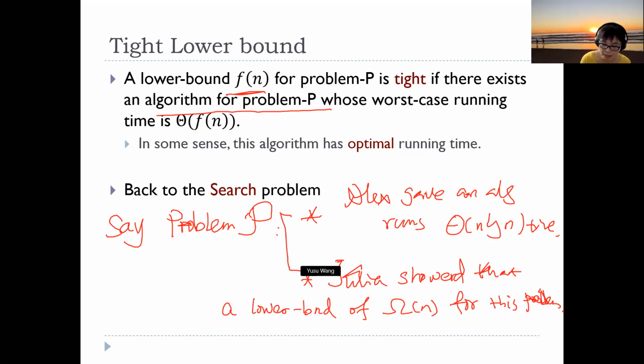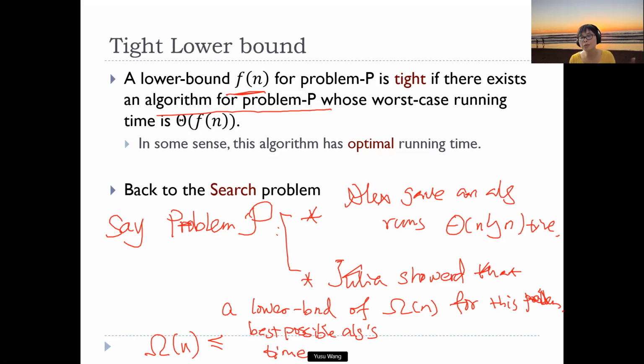What we know is that for any algorithm, the best possible algorithm's running time is at least linear, and we know that the best possible is at most, sorry, I should use big O of n log n, because we already know n log n can be achieved, but we don't know whether there's a better one.